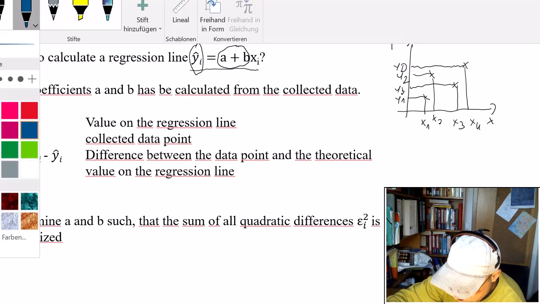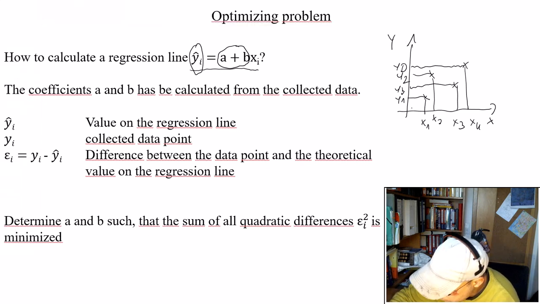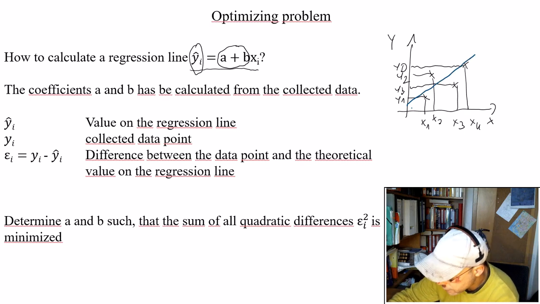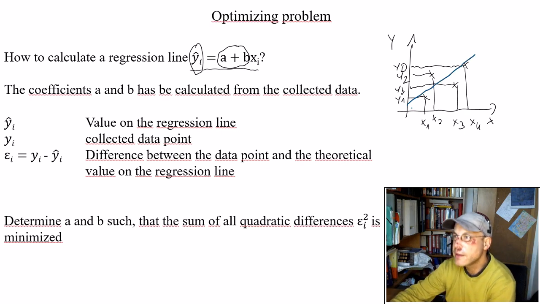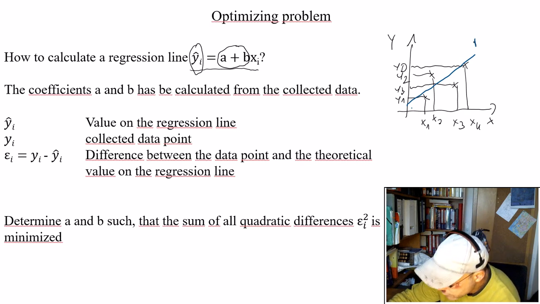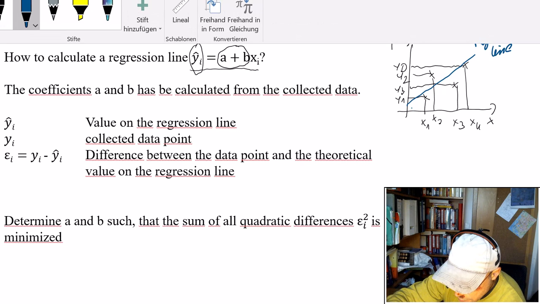Let's take another color, red. And then, this is blue anyway. Then this would be maybe our regression line. A little bit smaller here.